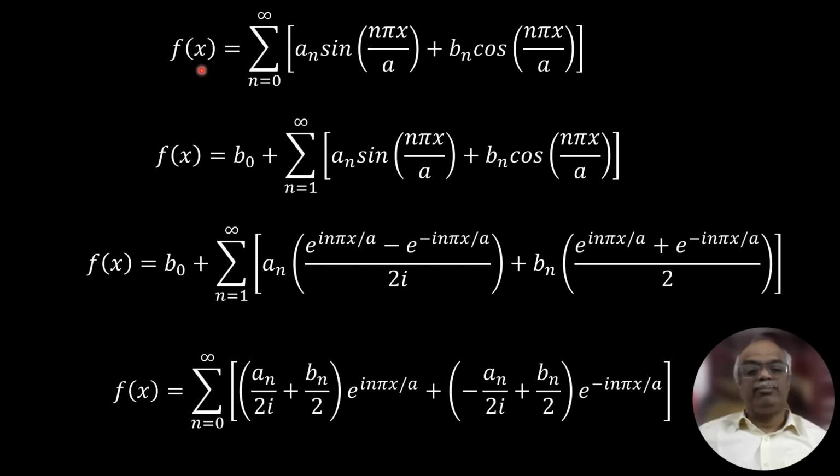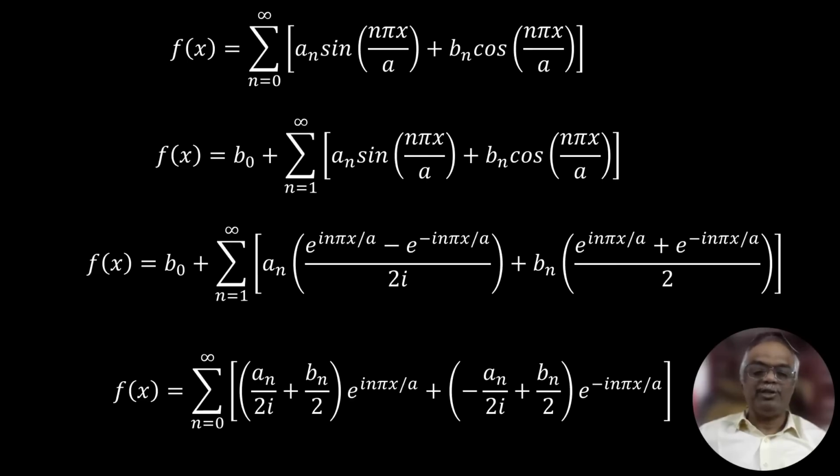As given in the problem, f(x) is equal to the summation from 0 to infinity of a_n times this sine factor and b_n times this cosine factor. Now, what will happen if n equals 0? Sin 0 is 0 and cos 0 is 1, so we get only b_0.